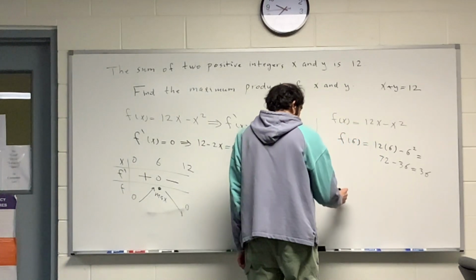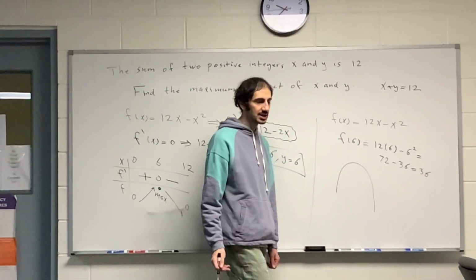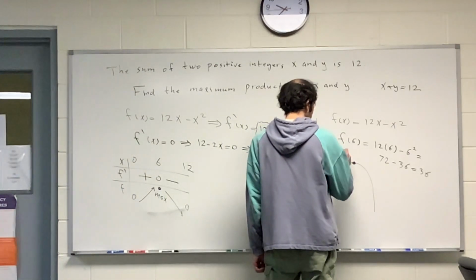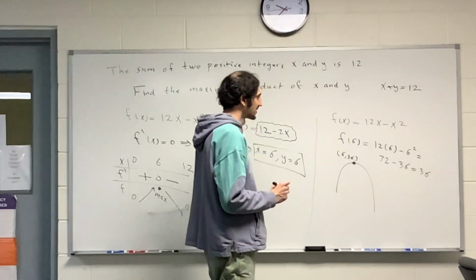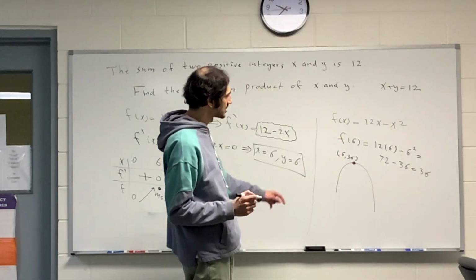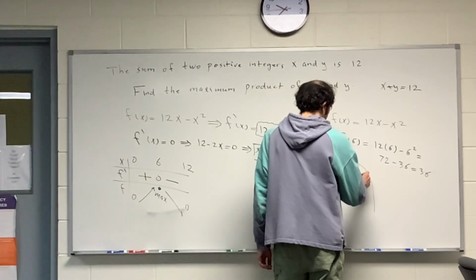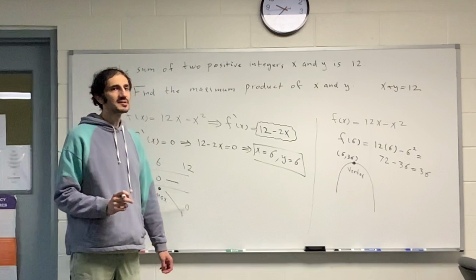Which means my parabola, which opens downward, has its vertex above, and this point is (6, 36). And this is the highest point I can have in this parabola, which I call the vertex of this parabola. And now I got my answer.